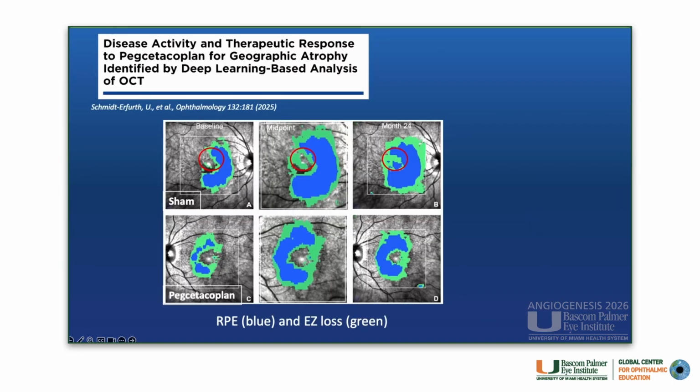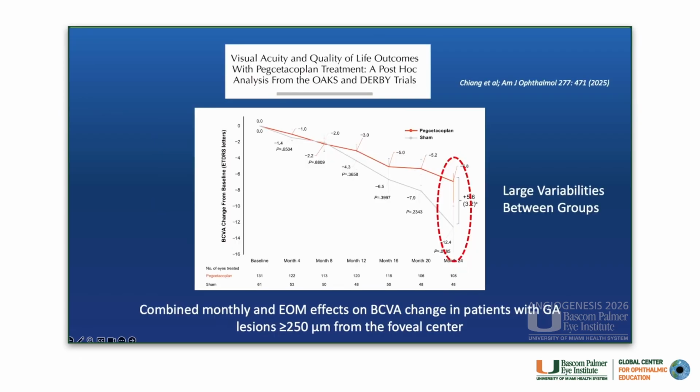And in fact, when you look even at the natural history, the initial changes in the center 1 millimeter appear to be not correlated as a direct extension of the loss, but appear de novo, again suggesting that whatever is happening to the cones is distinct from what's happening to the rods.